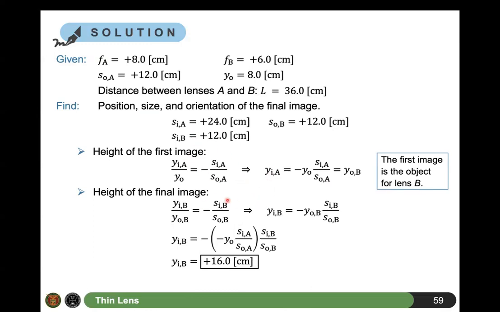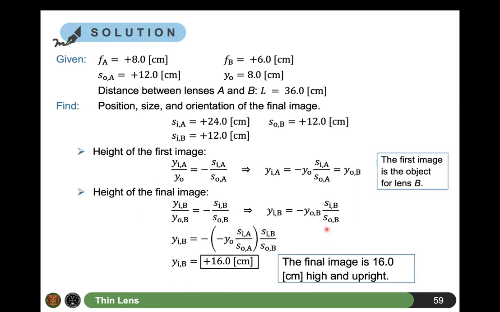Applying again the magnification equation, we get this. Okay? So, ito na yung from the magnification equation, but we know that YOB is equal to this. So, i-plug in natin yun dito, and we get a positive image height. So, the final image is upright with respect sa object.